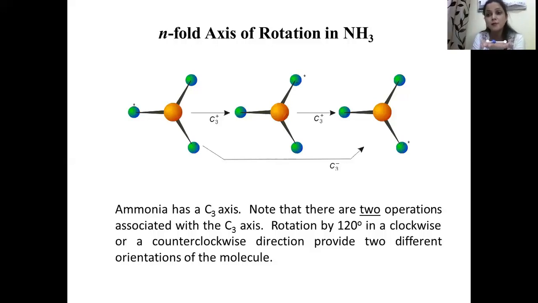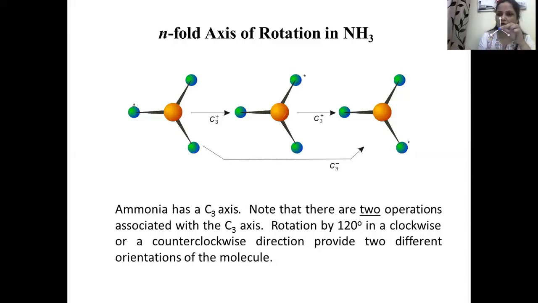It's not a pyramidal structure, but a planar structure. Here I will tell you the difference between the rotation axis and a principal axis. What is a rotation axis? It is the angle through which I rotate the molecule and get the identical structure. Now, what can be the possibility with this BF3 molecule?